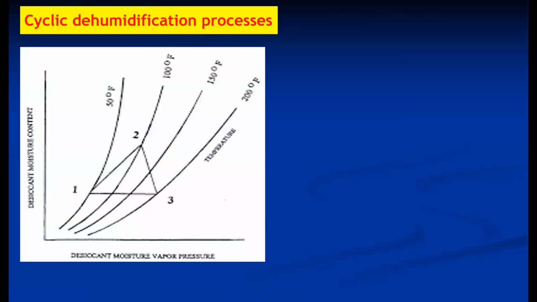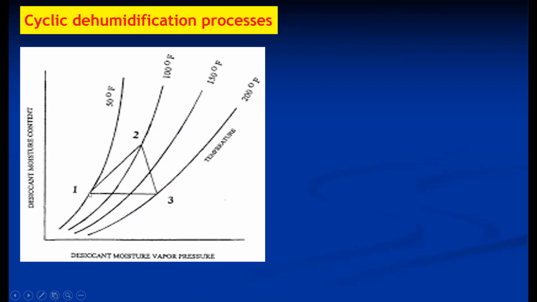Now the generic dehumidification process, that is the cyclic dehumidification process. So the cyclic dehumidification process mainly consists of three processes: process 1 to 2, 2 to 3, and 3 to 1. So this process is represented with the help of moisture content versus vapor pressure of the desiccant material.